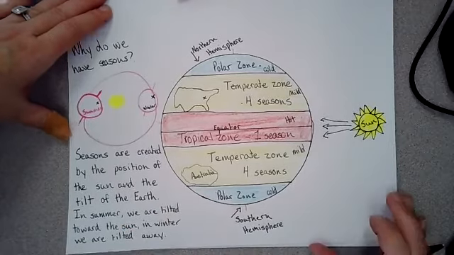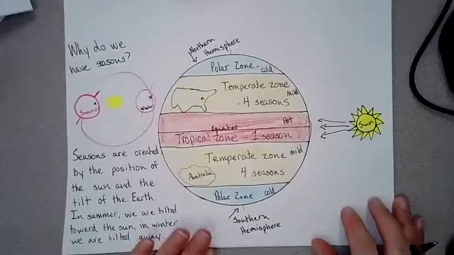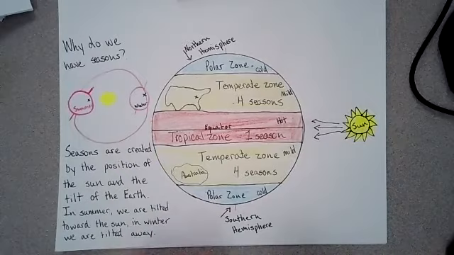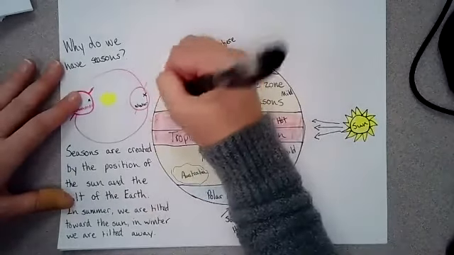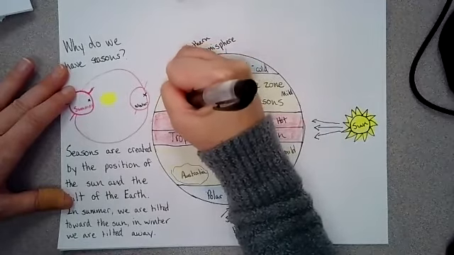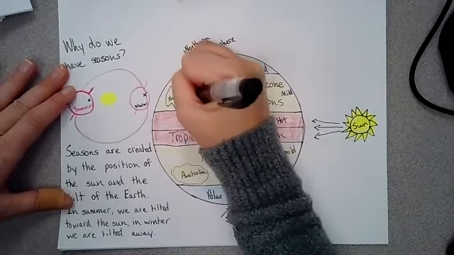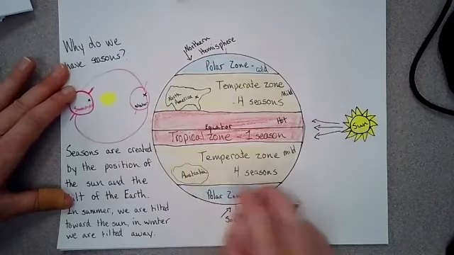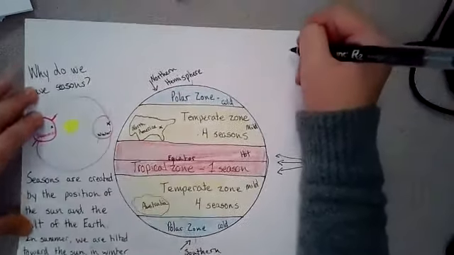Okay, now the last thing that I want you to understand today is what that means for North America. You're going to write that right here. What that means for North America and the country or the continent that is opposite of us, which is Australia. Okay, so we're going to make a quick chart right here.